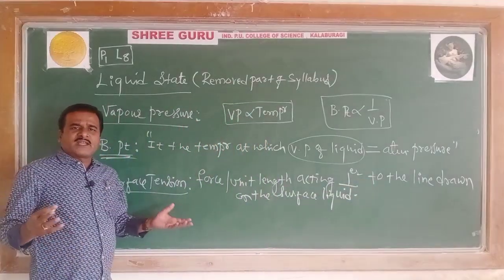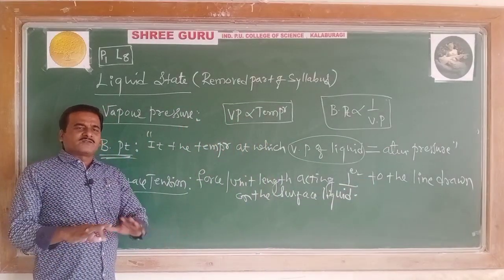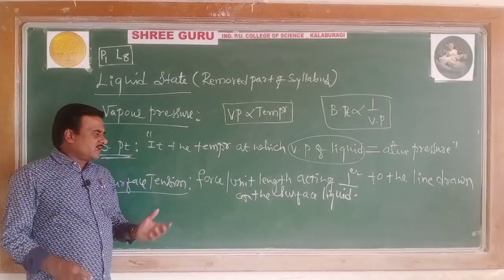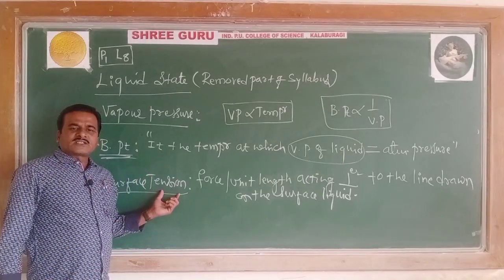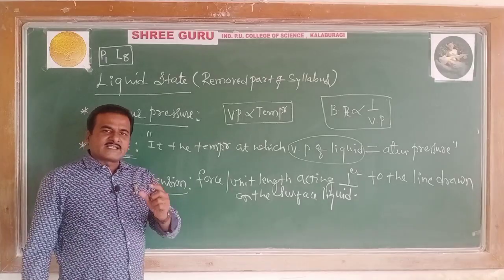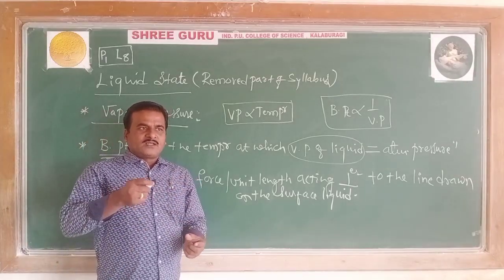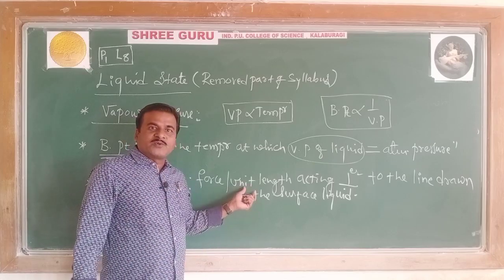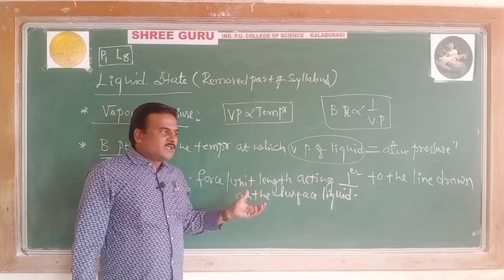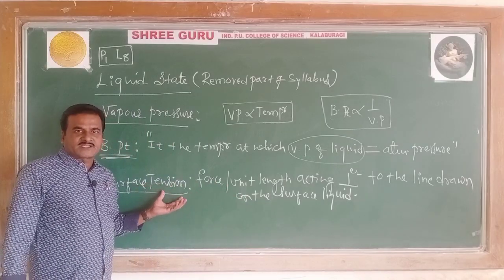There are so many naturally occurring phenomena which are related to surface tension. See, the rising of a liquid in a capillary tube is because of the property of surface tension.